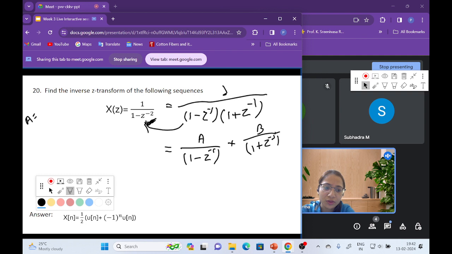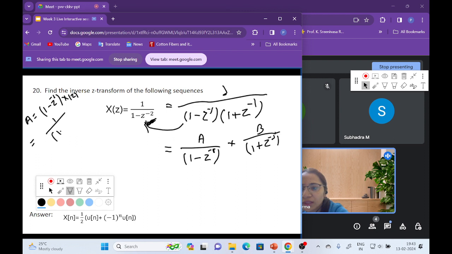Have you already gone through the video lecture? So for A, what is the denominator of A? 1 minus z inverse. So multiply 1 minus z inverse by X of z, and this 1 minus z inverse will be cancelled out.